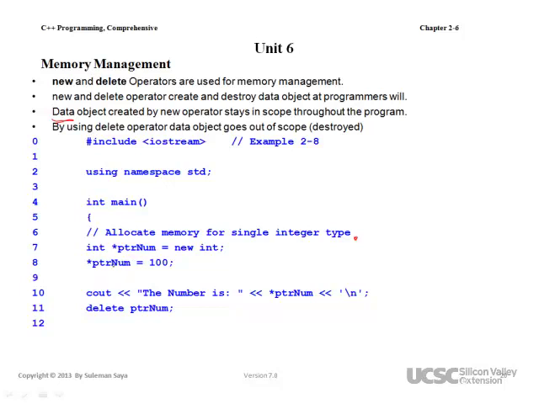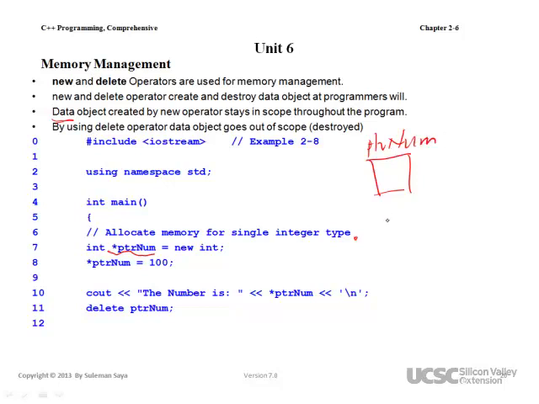I am creating a pointer. Where am I creating a pointer? Of type integer. I am creating a pointer on the stack. Okay, so this pointer is basically created on the stack. The pointer name is ptrNum.